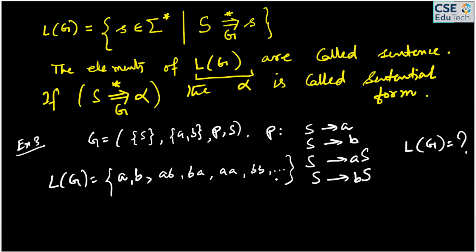So it is basically all the strings by the combination of a and b except epsilon, right? So all strings having any combination of a and b, but only the empty string is missing here. So we can write that the language generated by this grammar is basically (a or b) plus, meaning without epsilon.